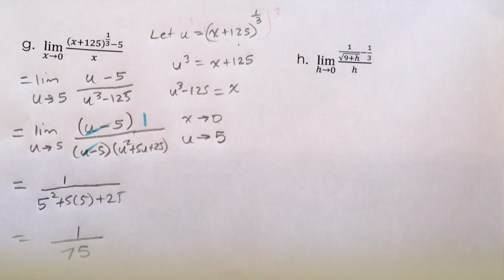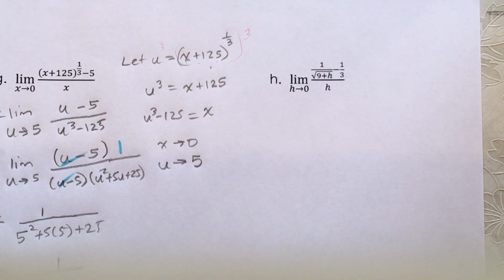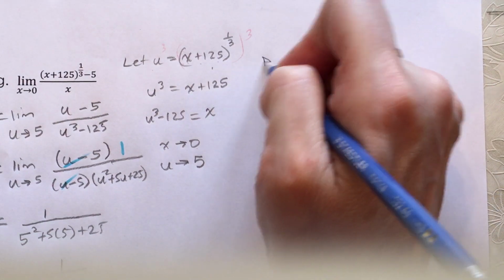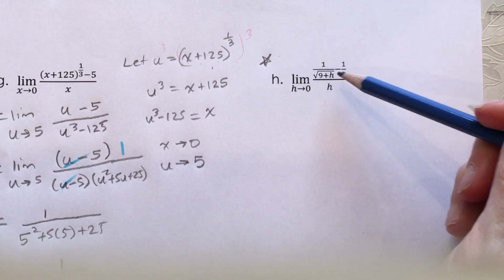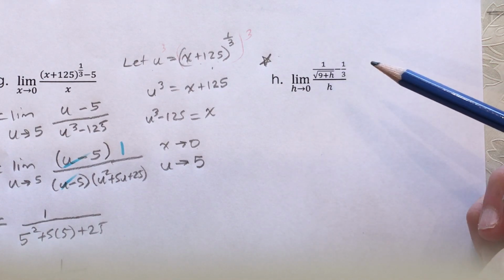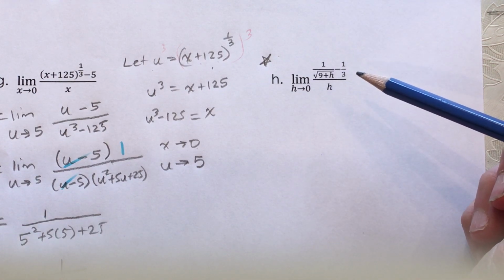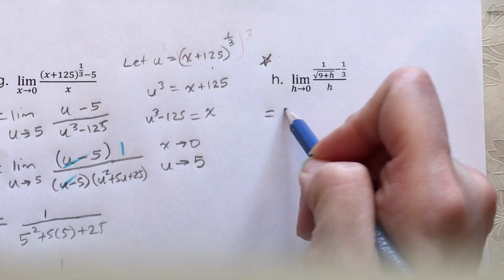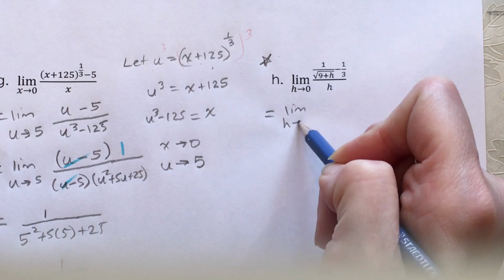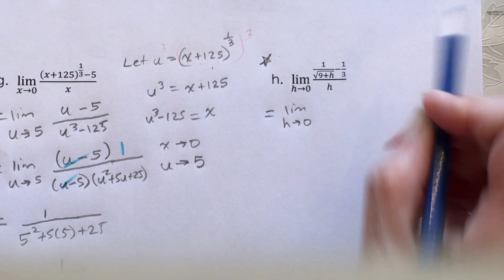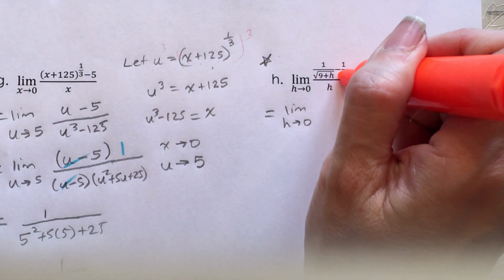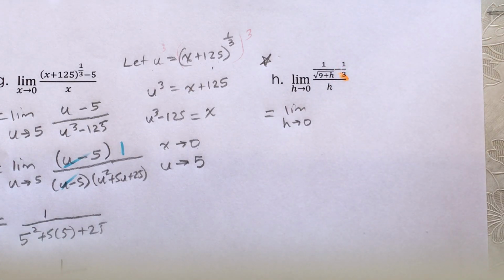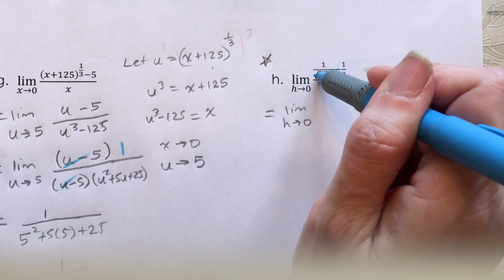Okay, if we look at the next one, this one looks tricky. I'm going to star this one here. You might think conjugate, but they're in the denominator. So I think we're going to start this one off anyways with a common denominator and then see what falls out of that. So our common denominator, remember, you get by multiplying the denominators together. So the denominator there is 3, and here it's root 9 plus h.